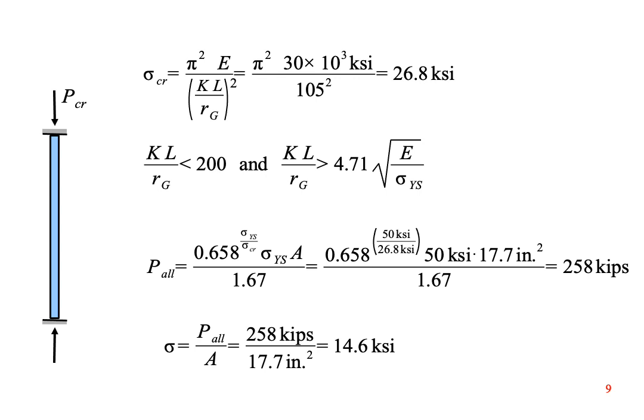A strain gauge measures strain, and since we know that stress equals strain times Young's modulus, we can use the readings from a strain gauge to determine the actual stress in the column. As long as the actual stress is below 14.6 KSI, we know the column is safe.